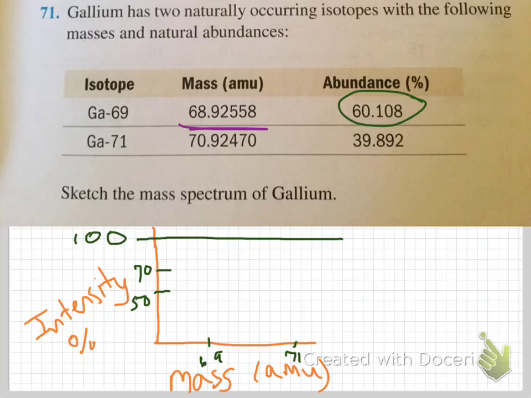When our mass is about 69 AMU, our abundance is 100%. It has the highest intensity. And when our mass was 71 AMU, it should be about 66%, so right about there. It doesn't have to be perfect, but you can obviously see that we have a lot more of gallium-69 than we do of gallium-71.